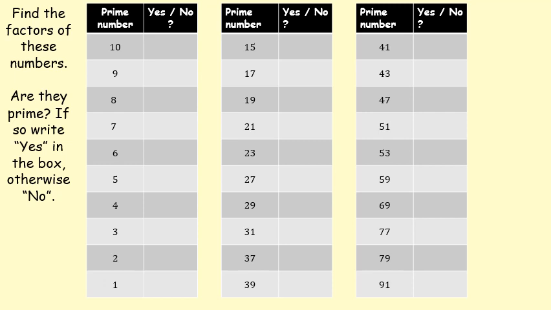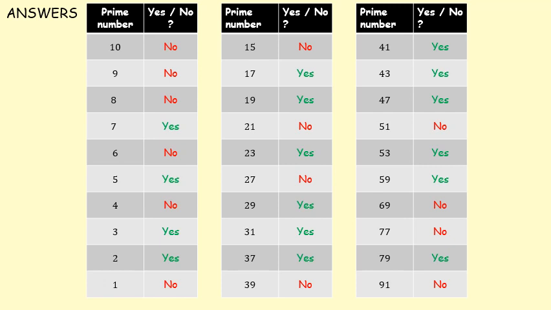And we would decide then whether it fits our definition of exactly 2 different factors, 1 and itself. So 10 has 4 factors, which means it's not a prime number. So you're just going to work through these 3 columns, listing the factors and then deciding whether that number is a prime number or isn't. So just pause the video and work through these questions.